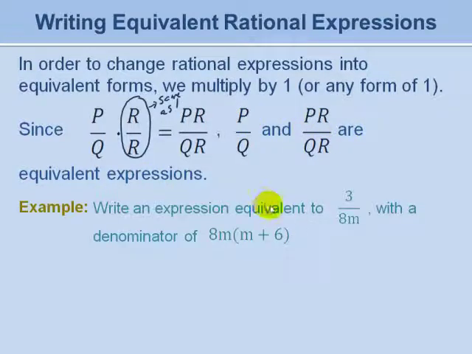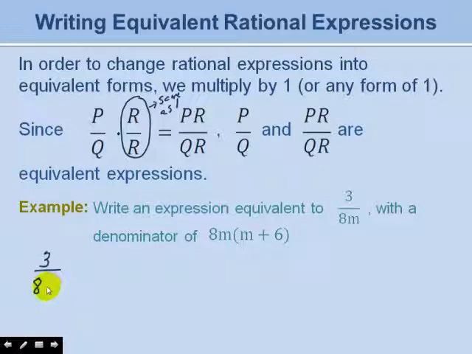Now what if we start with an expression and we want an expression equivalent to that with a different denominator? So let's look at an example where we're starting with 3 over 8m and we want to write an equivalent expression, but we want the denominator of our expression to be 8m times the quantity m plus 6. Let's write it out this way.